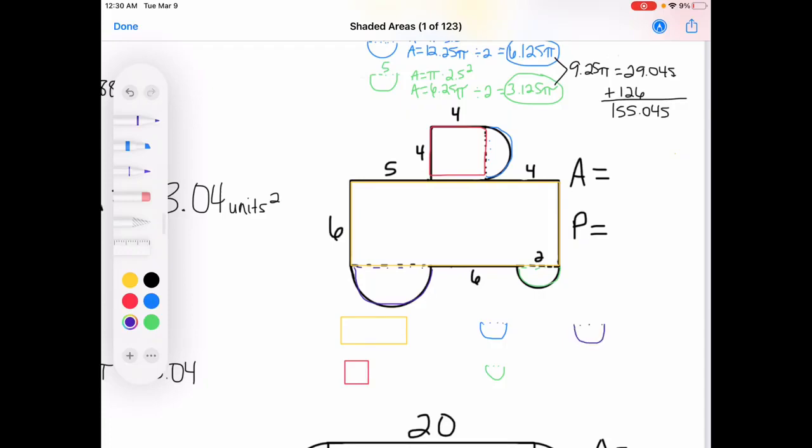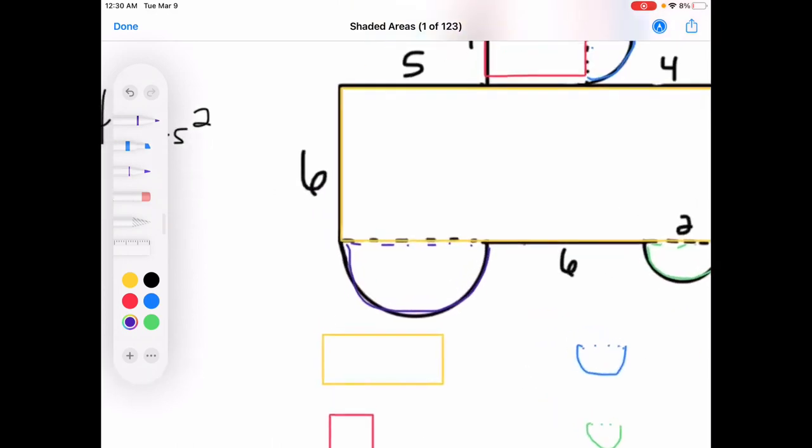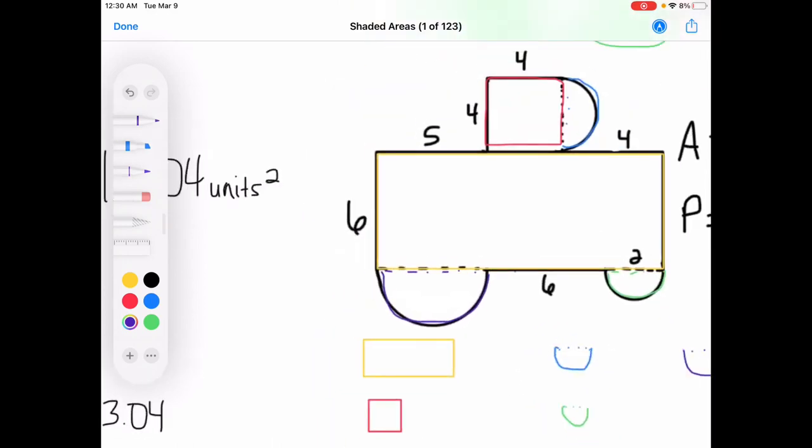Okay, so I need to figure out the diameters of my semicircles. Looking at my largest one, I noticed that the distance across the top of my rectangle would be 5.